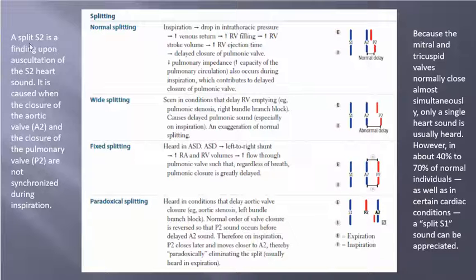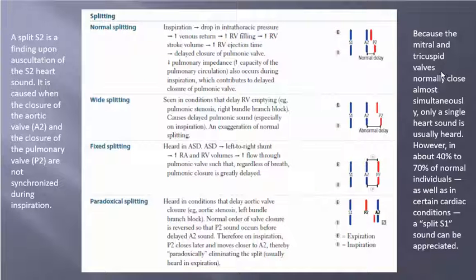So a split S2, sound 2, is a finding upon auscultation of the S2 heart sound, typically caused when the closure of the aortic valve A2 and the closure of the pulmonary valve P2 are not synchronized during inspiration. Okay? So typically you want A2 and then P2, unless it's paradoxical, just know that it's reversed. Notice S1 is always going to be the first sound, that doesn't get mixed.